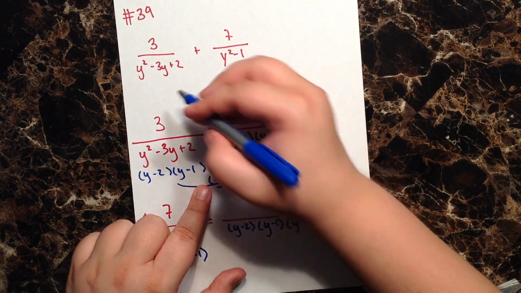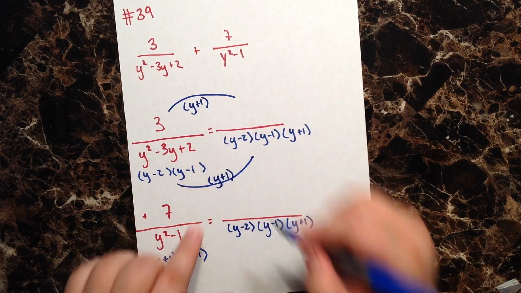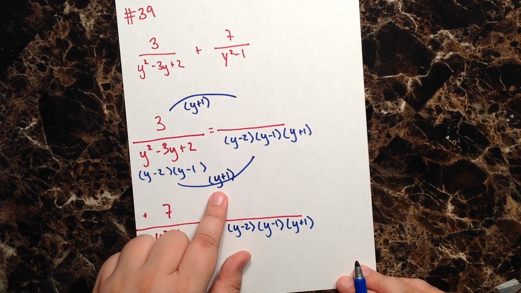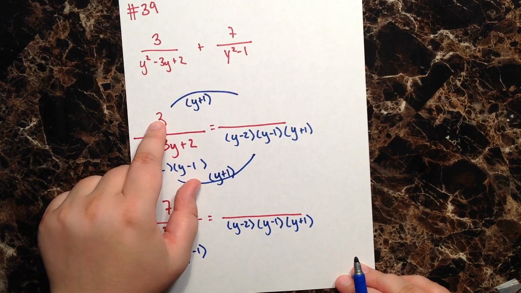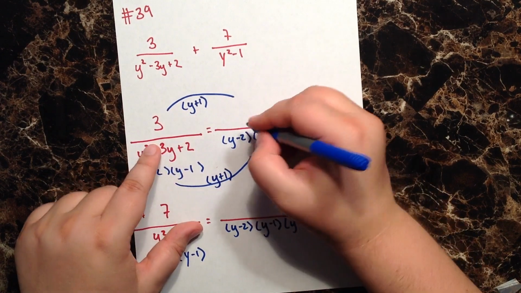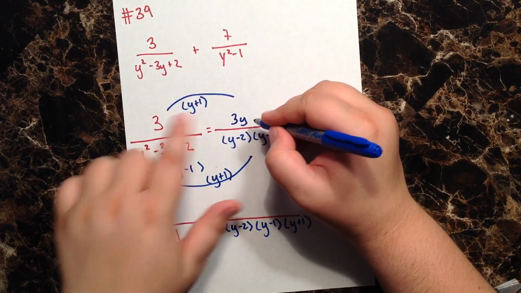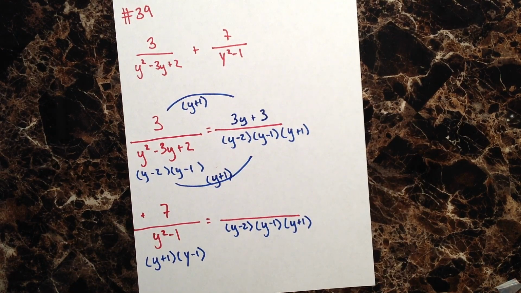But whatever I do to the bottom, I have to do to the top. And so I have to multiply my numerator by y plus 1 as well. Well, what is 3 times y plus 1? Well, 3 times y gives me 3y, and 3 times 1 is just a positive 3.